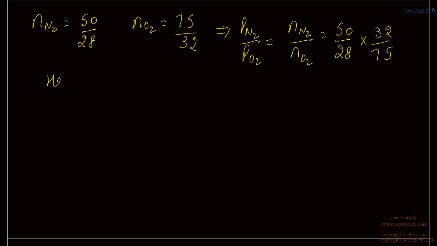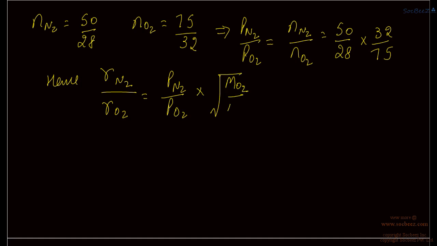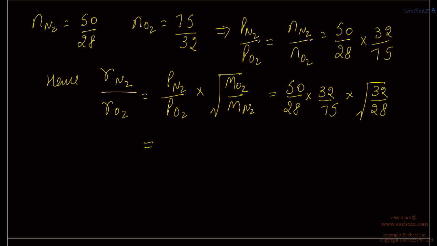Okay. So hence rate of effusion of N2 divided by rate of effusion of O2 equals pressure of N2 upon pressure of O2 into under root of molecular weight of O2 upon molecular weight of N2. So from here we get 50 by 28 into 32 by 75 into under root 32 by 28.